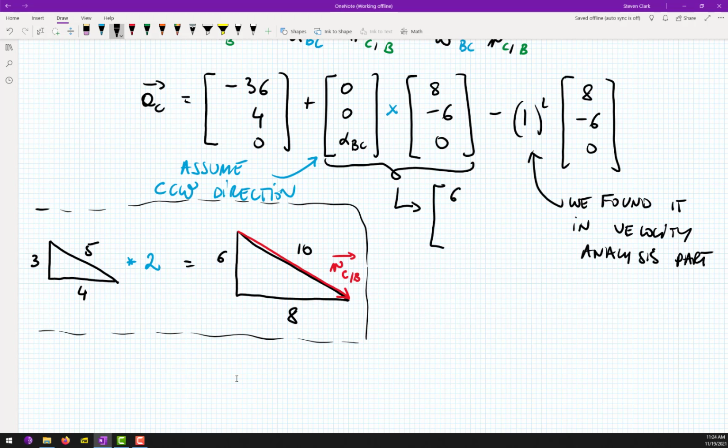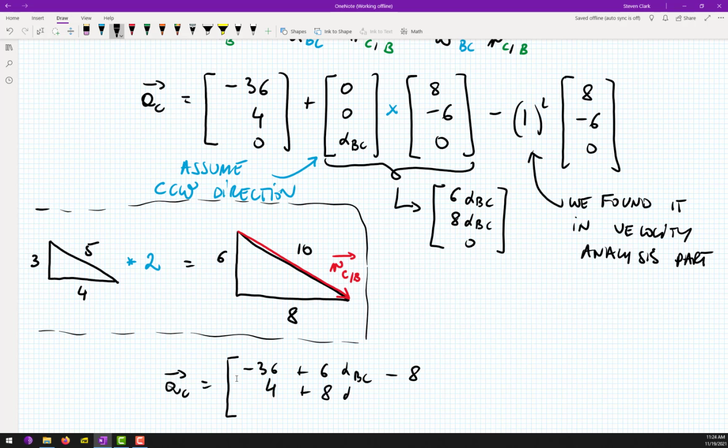So if we do this determinant, we will end up with the following vector: 6 alpha BC, 8 alpha BC, 0. Okay, let's put everything together. AC will have the following expression: minus 36 plus 6 alpha BC minus 8, and 4 plus 8 alpha BC plus 6, 0.